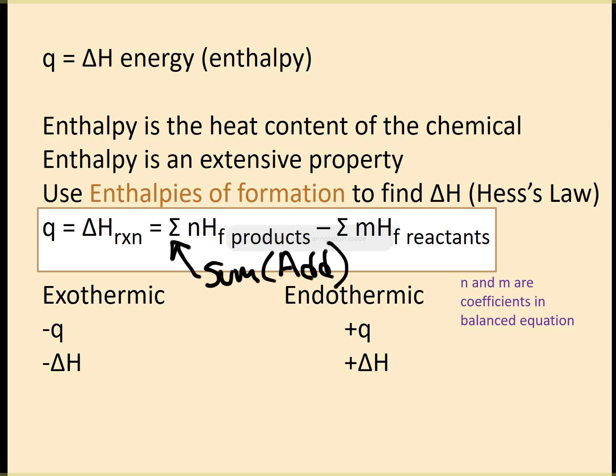And this is how you find the enthalpy of your reaction. Q is used for experimental, but we're all talking about the same thing. You do use the number of moles in the balanced equation to help you figure out the total enthalpy of formation for each reactant. The sign of the delta H is important.